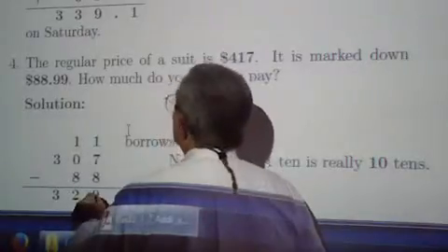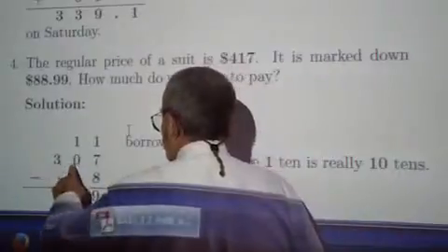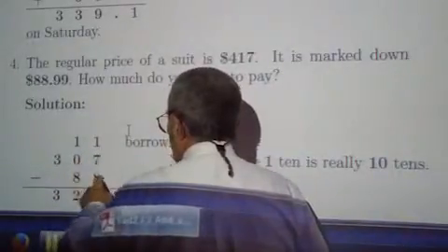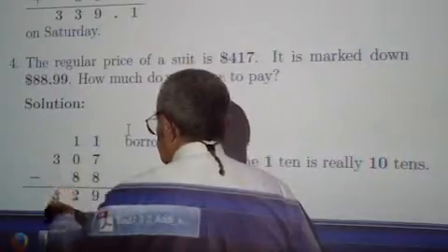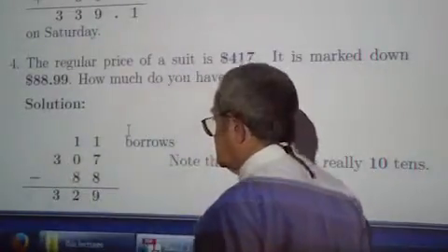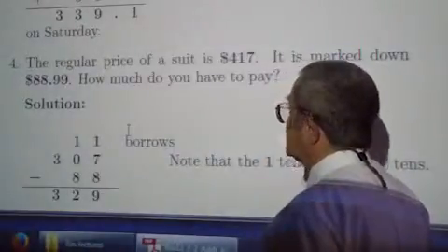And I had to open 1 box of 10. That gave me 10 boxes of 1. So this is 17, 9 from 17, 2 from 10, and 0 from 3. So I had to pay, I guess, $329.